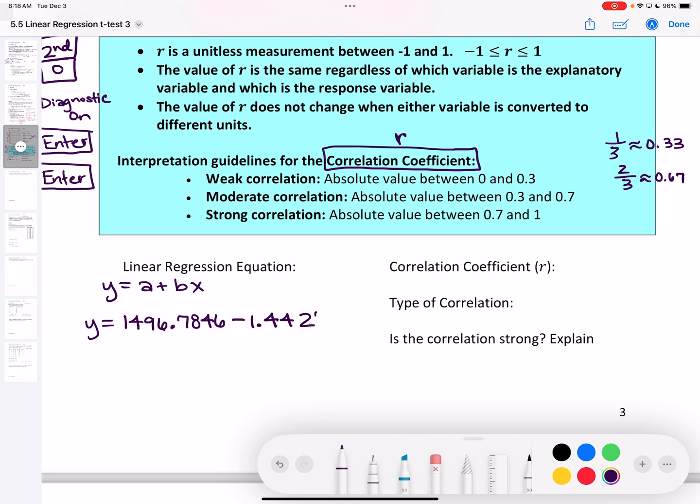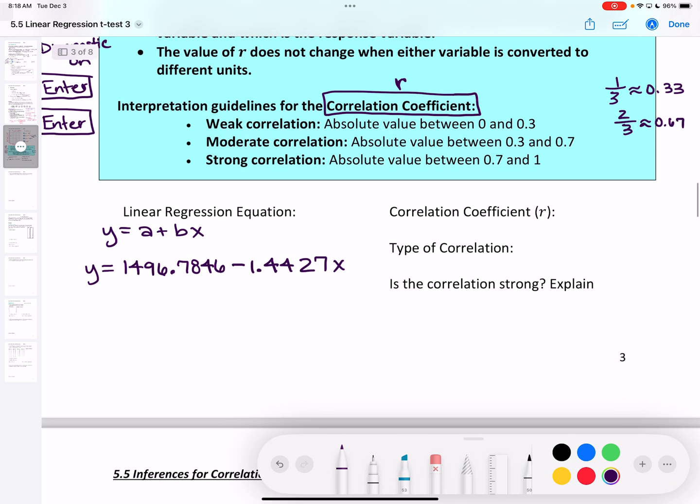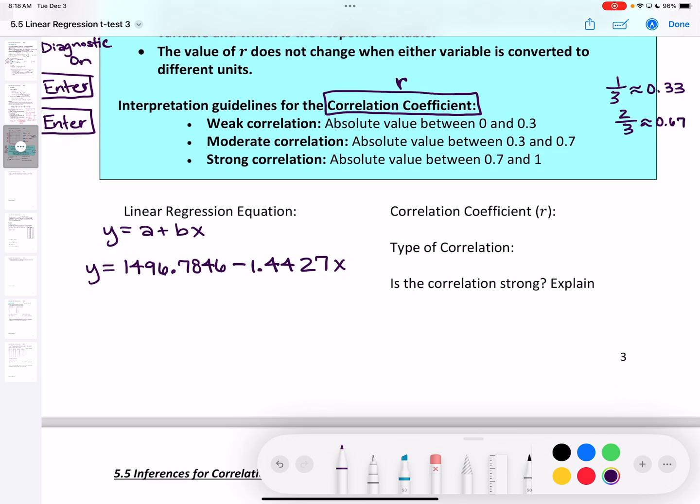Good grief. Okay. So if you read that, if you write it in this form, the first one right here, this is your y-intercept. And this one is your slope. Okay? So if you look at that, slope is what? Negative. Doesn't it have a negative direction? So that slope makes sense.